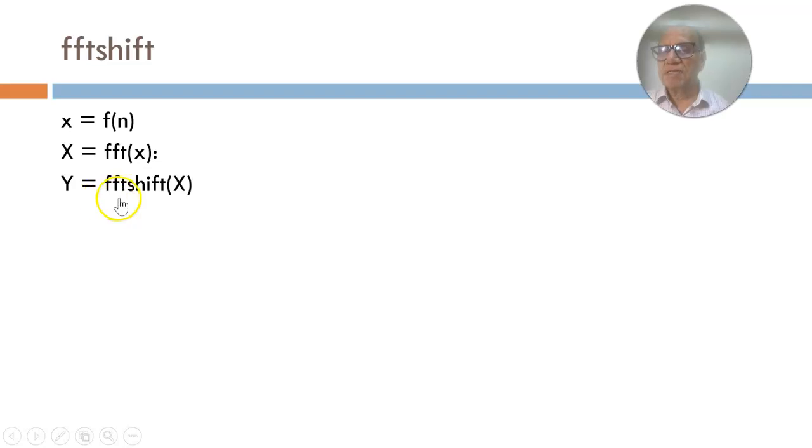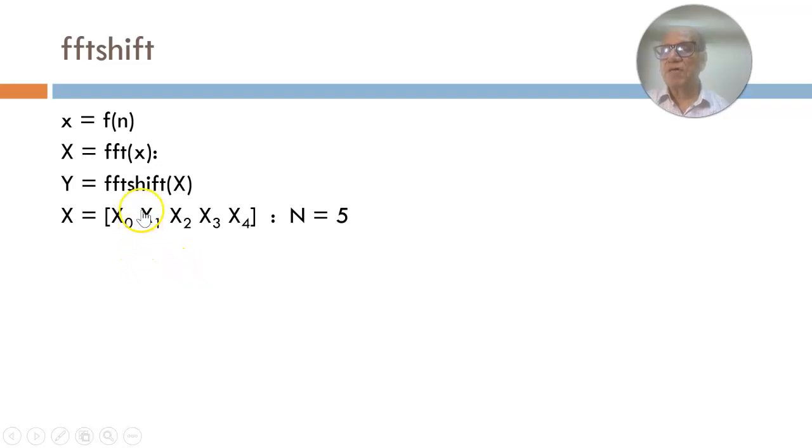Now, in order to understand what this particular function does, let us first of all assume that X contains these elements x0, x1, x2, x3, x4. These basically represent the frequency spectrum of x, and in this case, we are assuming that n is equal to 5.